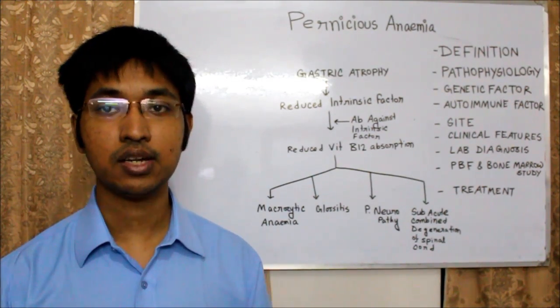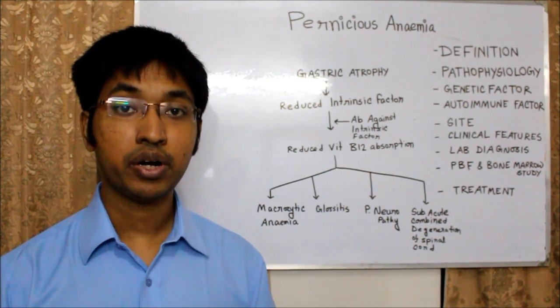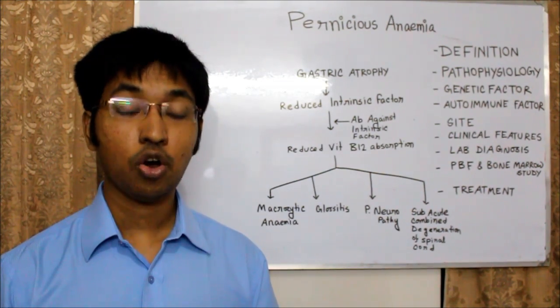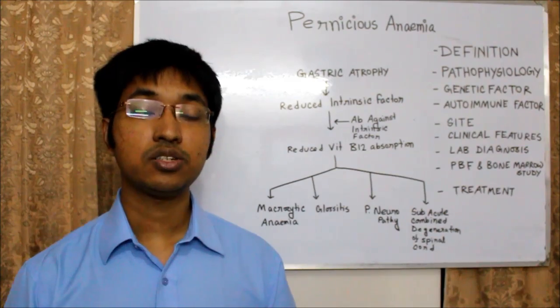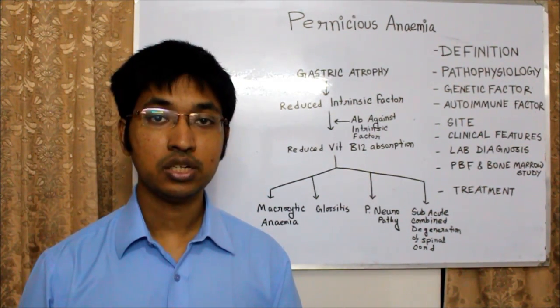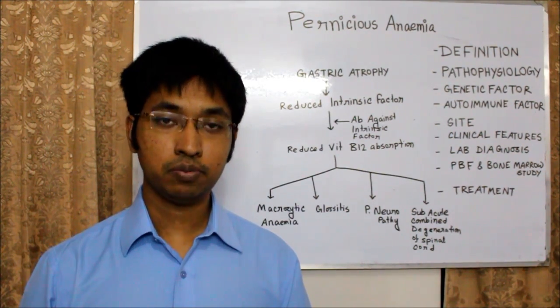No, it's not like that. The thing is, the chance of pernicious anemia is more in persons of blood group A. So that is the second genetic factor. Pernicious anemia is more common in blood group A than other blood group people.